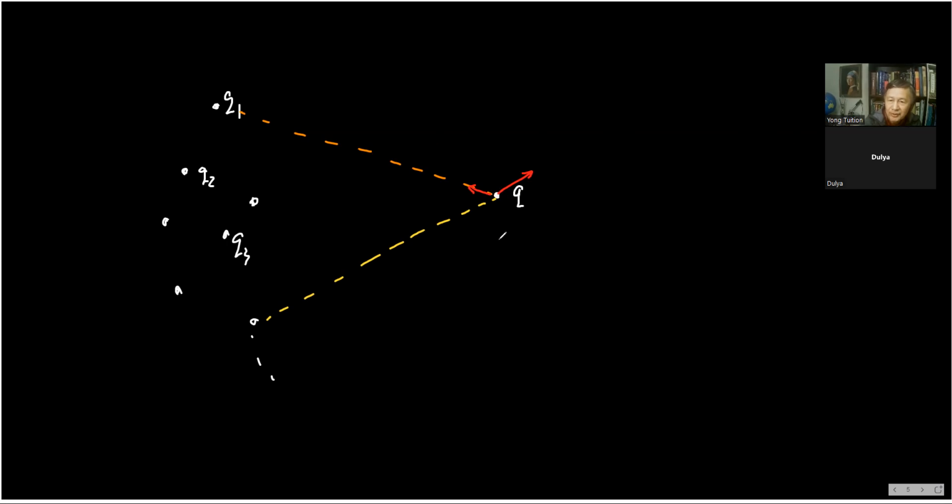The total force will be the vector sum of all pairs of forces, right?